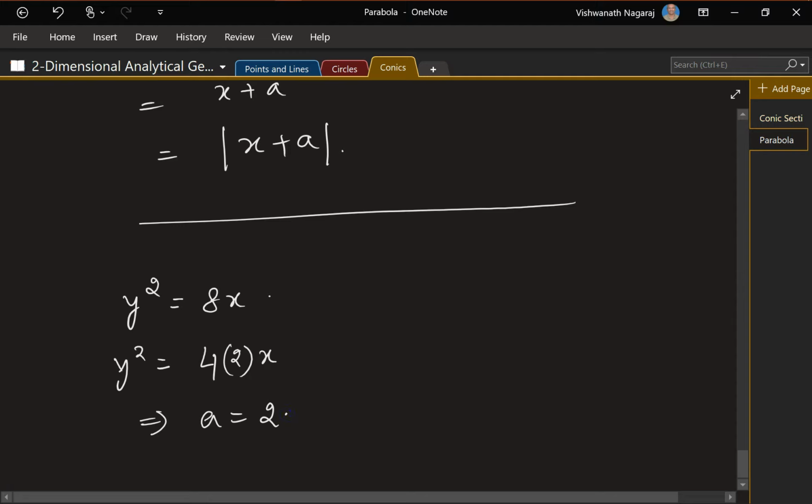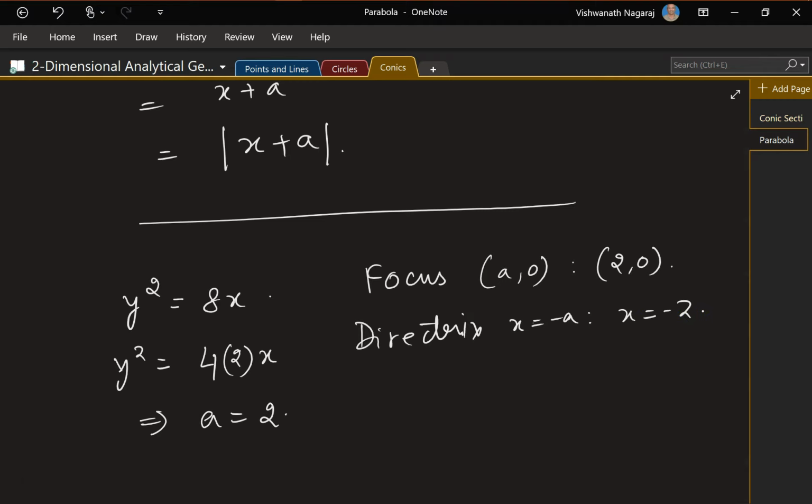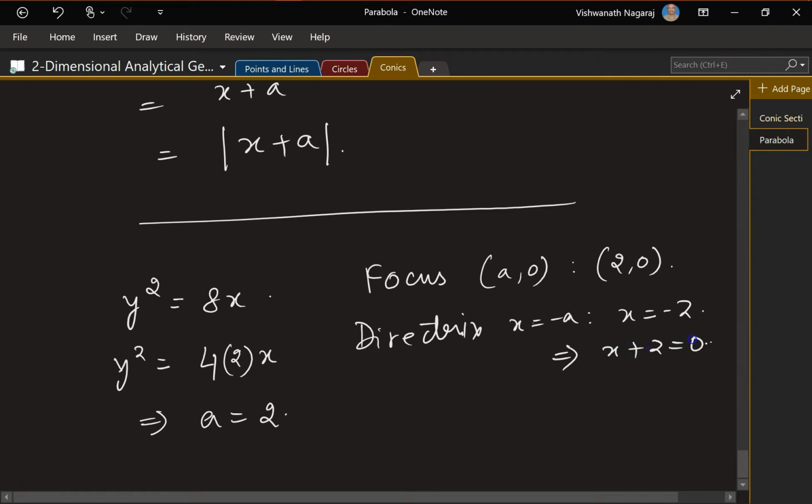Now once we know that, let's see what all we can figure out. Focus is a comma 0, so focus is at 2 comma 0. Directrix is x equal to minus a, so x equal to minus 2 is the equation of the directrix, or we can write it as x plus 2 equal to 0.